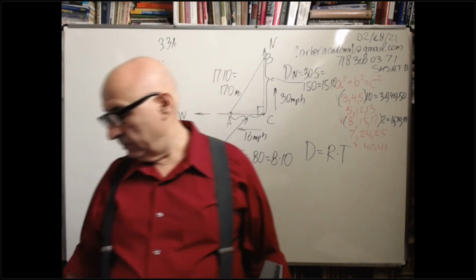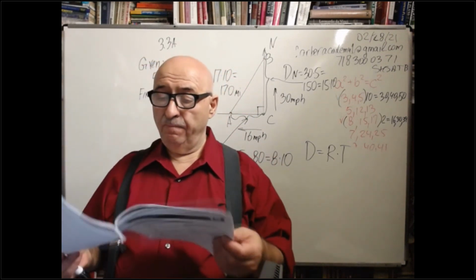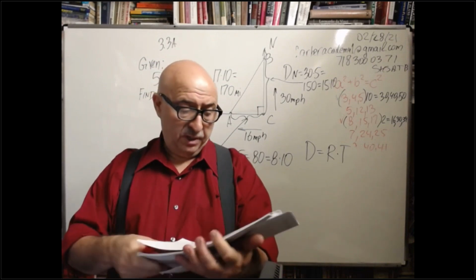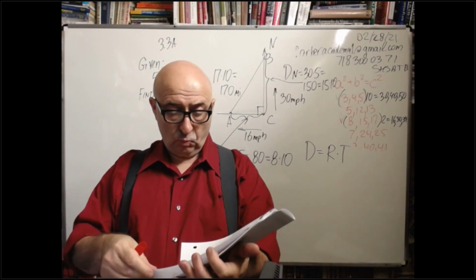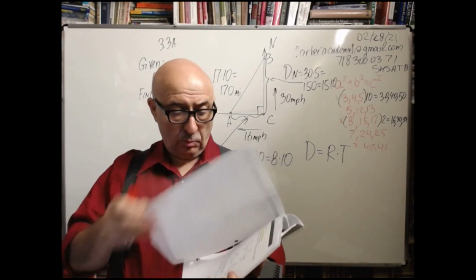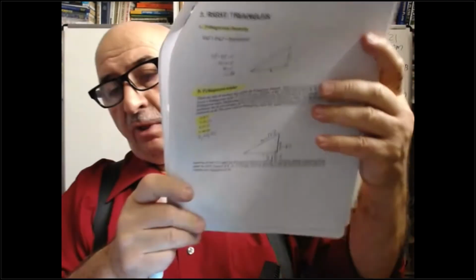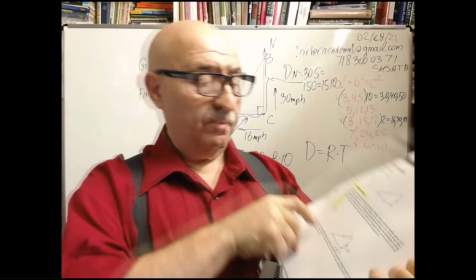Plus, you can start studying exercise 3, which we name right triangle. You have some explanation of this. Read first the explanation. Practice with examples.